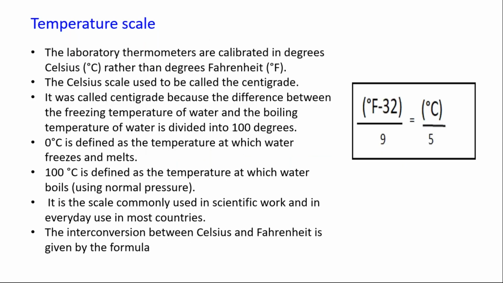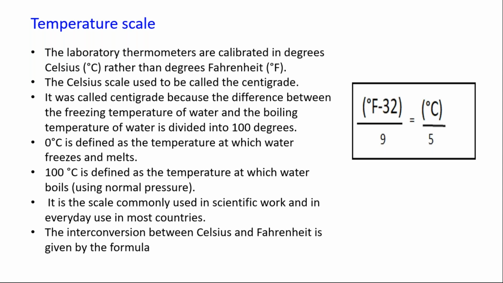Now coming to the temperature scale. The temperature scale is most often in Celsius, but in the Western countries, it is given as Fahrenheit, and it is calibrated in either degrees Celsius or degrees Fahrenheit. The Celsius scale is called the centigrade.